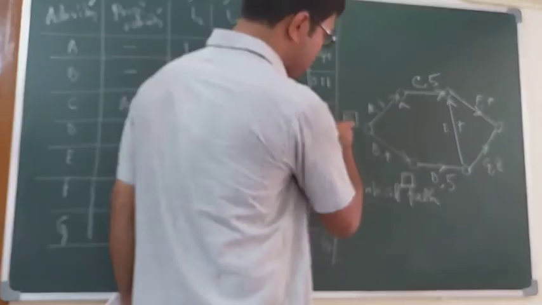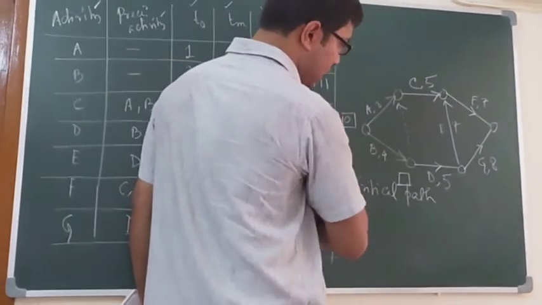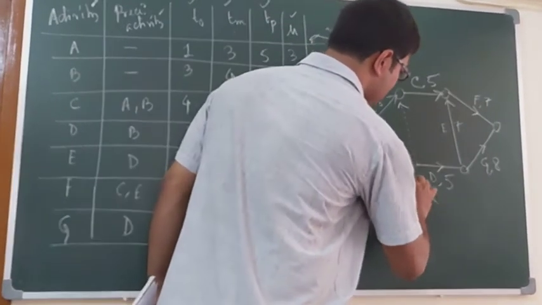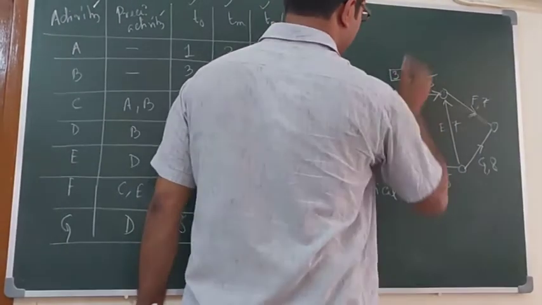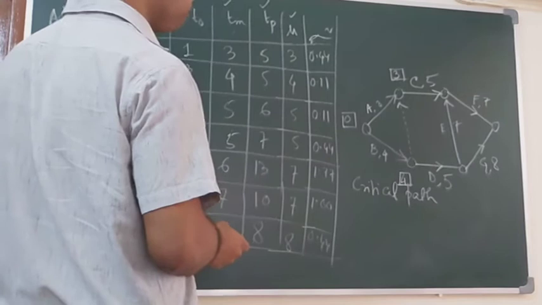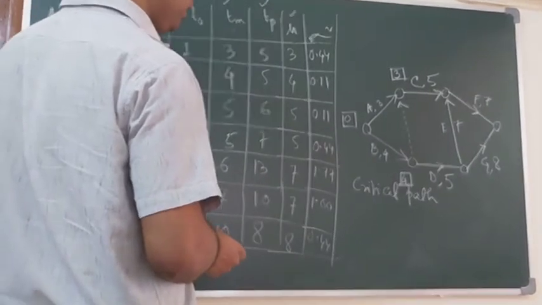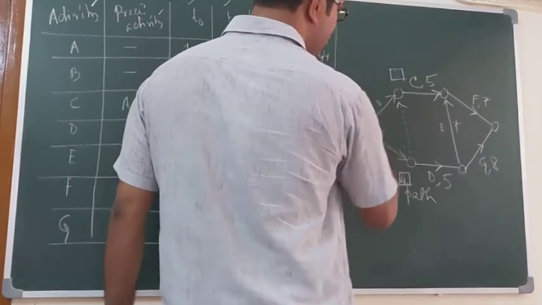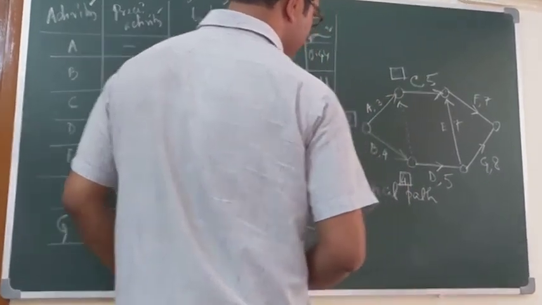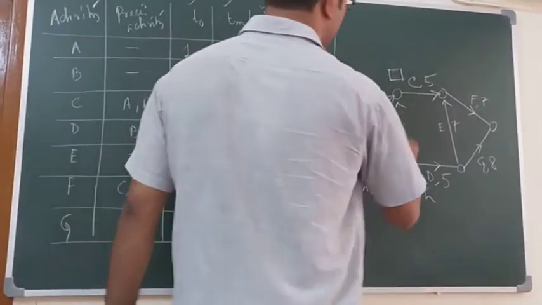Why 4? Because this one plus the duration. It is the max of this path and this path, so this will be 4.